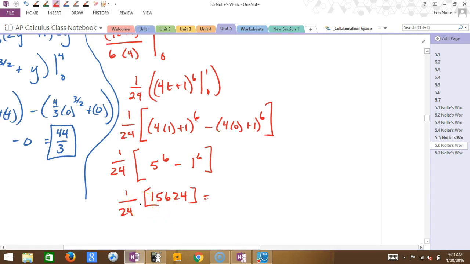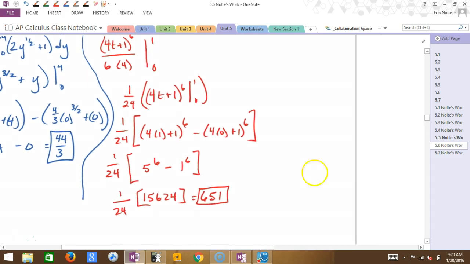See what I got there? 651. Wait, it should be exact. It should be exactly 651. You forgot to subtract 1. 24, not 25. Because see how I have minus 1 to the 6th there?